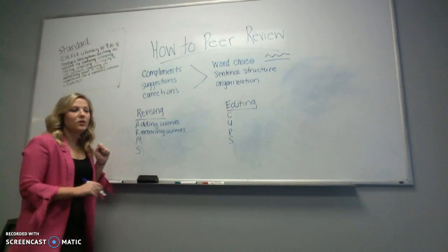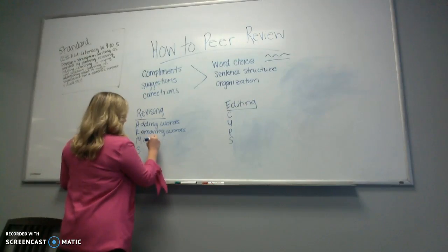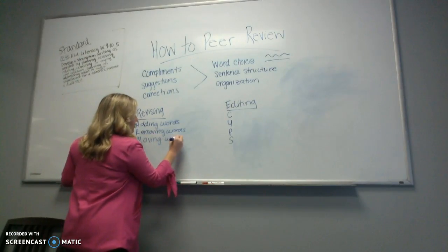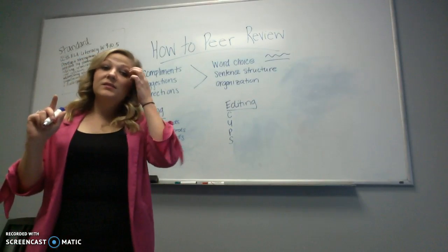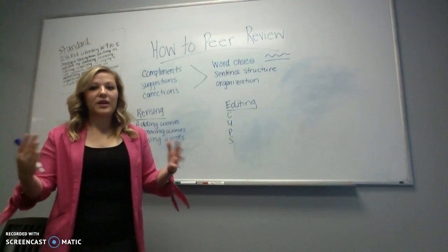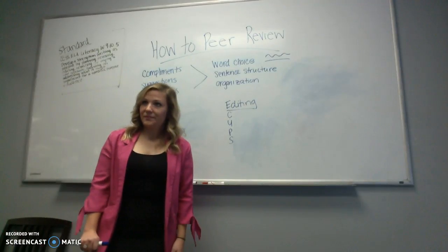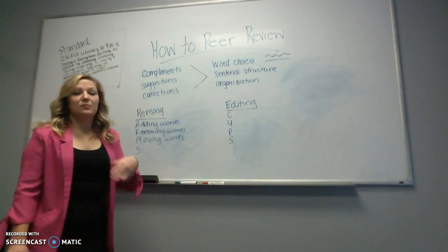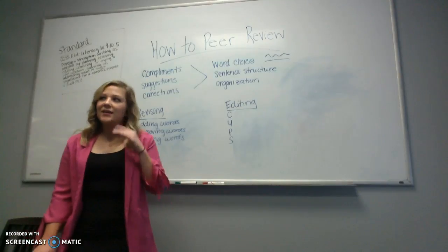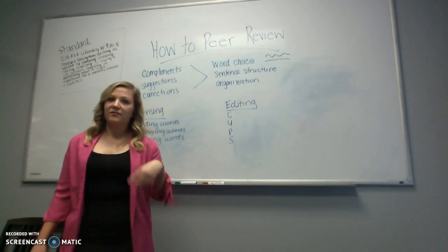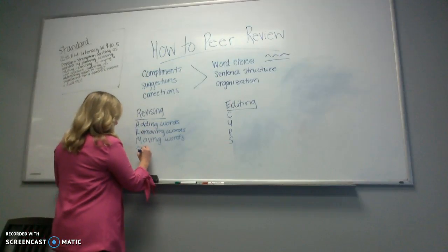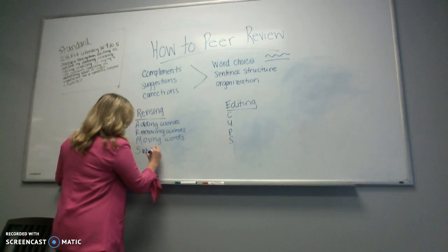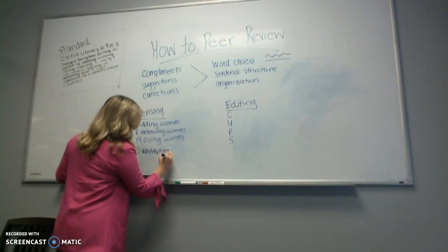When we're revising, we're going to be thinking about moving words. So that goes with your sentence structure that we talked about. Is my adjective, adverb, noun in the right place in the sentence? So we can move words around. We could say, I like this adverb, but it's not in the right place to modify the verb, okay? And then when revising, we're going to be thinking about substituting words.